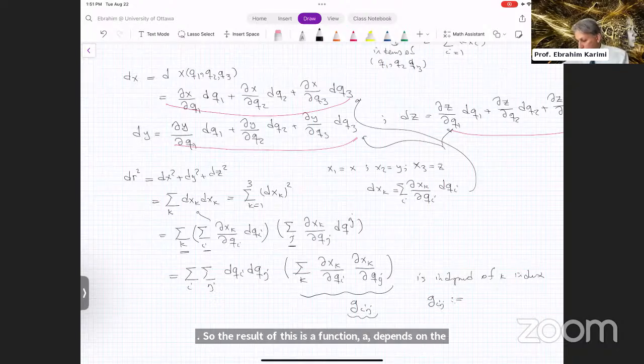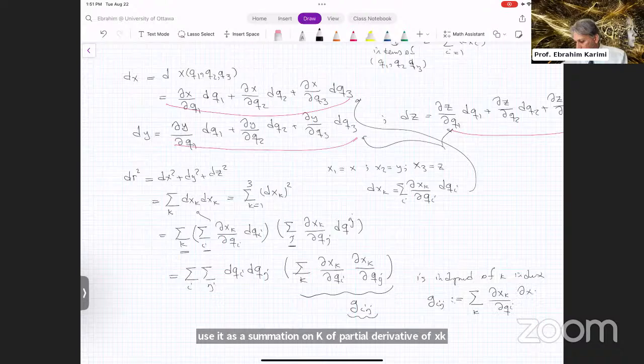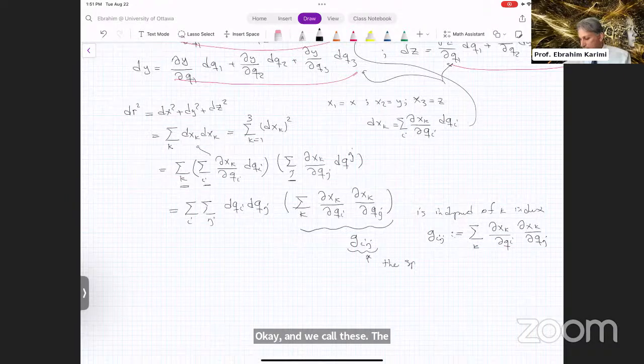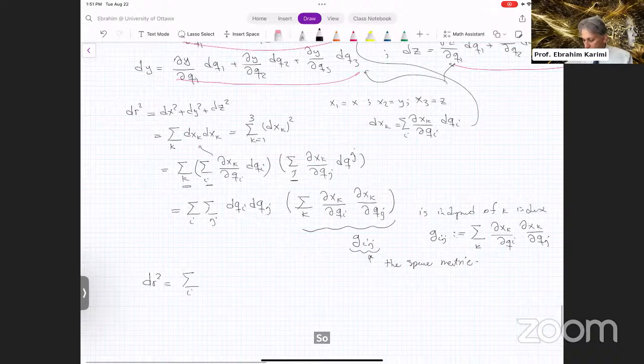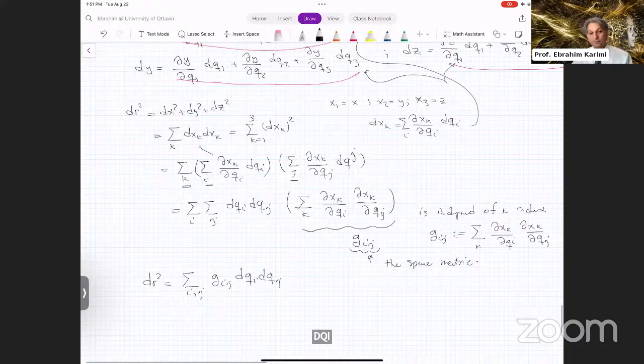I will introduce g_ij as the summation over k of the partial derivative of x_k with respect to q_i, times the partial derivative of x_k with respect to q_j. And we call these the space metric. So indeed, dr to the power of 2 now is given as the summation over i and j of g_ij dq_i dq_j. Okay?